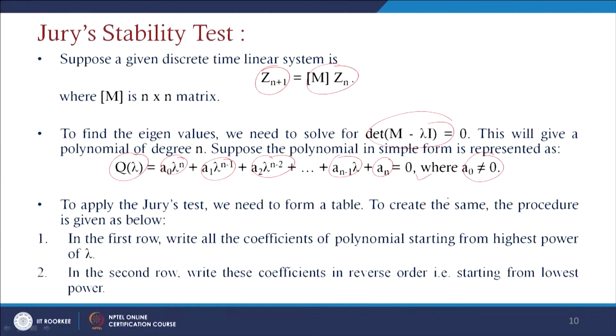To apply the Jury's test, we need to form a table here. To create the same, the procedure is as given below. First, in the first row we will write all the coefficients of the polynomial starting from the higher power of lambda, and in the second row write these elements in reverse order, that is starting from the lowest power.